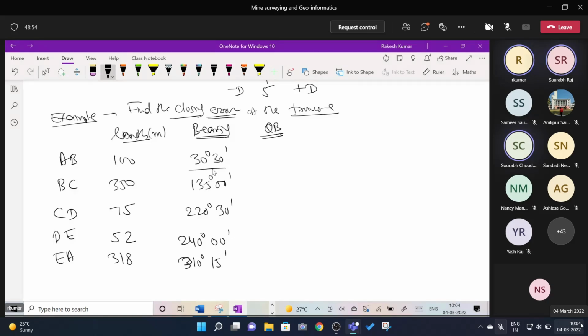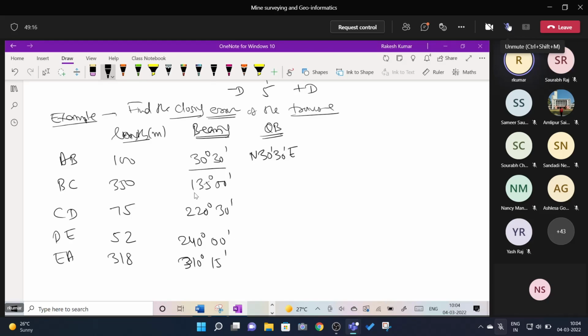It will be 30 degrees 30 minutes. For quadrantal bearing you have to give the north and south. So it will be north. Am I right? Yes, sir.